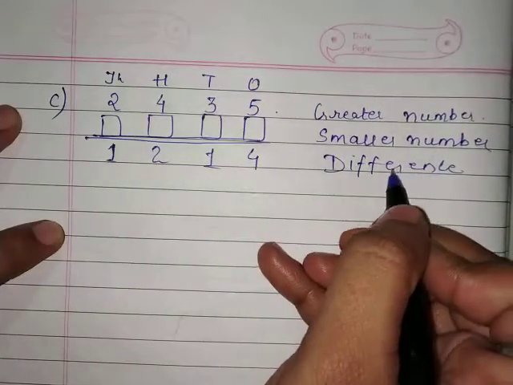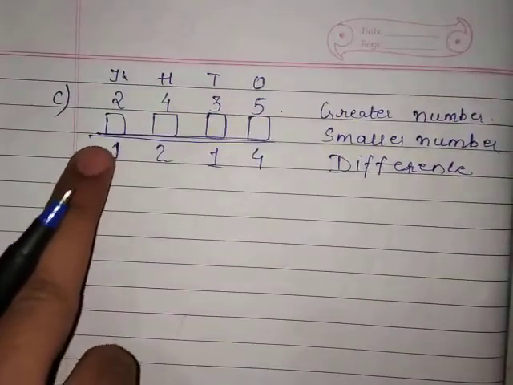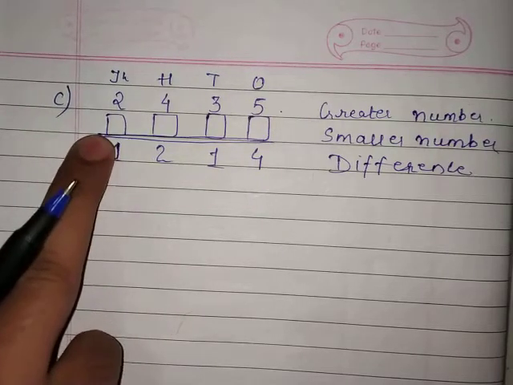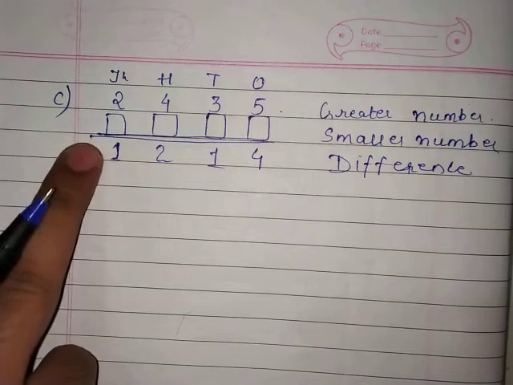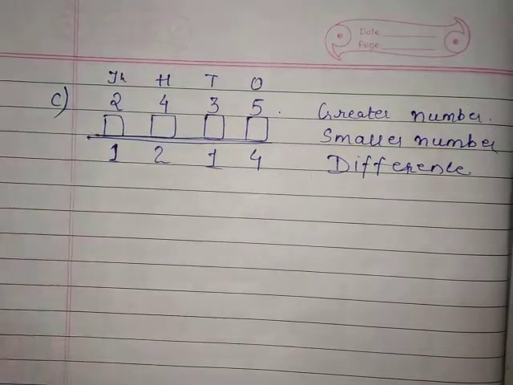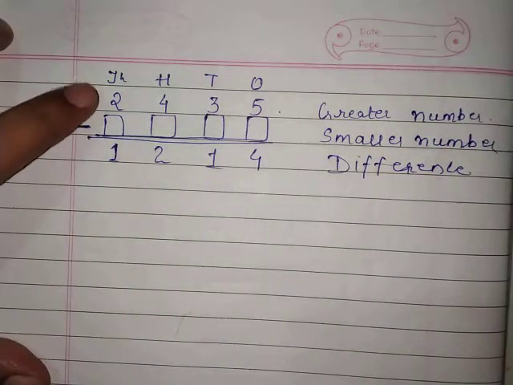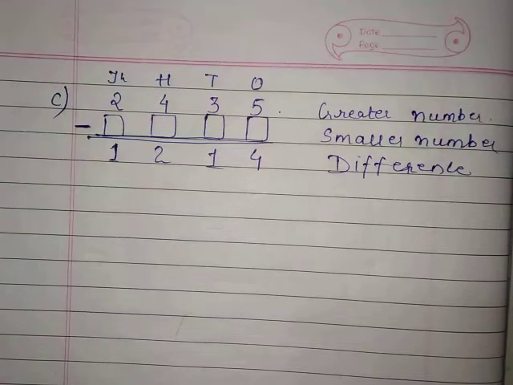So my dear children, you have to solve this question, and in this question you have to find the smaller number. As I have told you in the previous question, to find the smaller number, what do we have to do? We have to subtract the difference from the greater number.